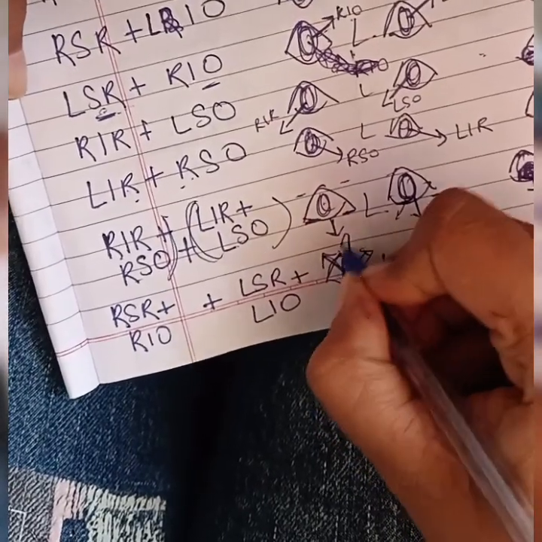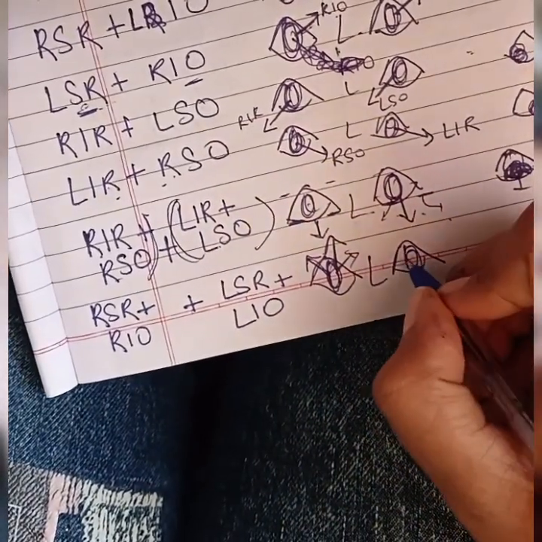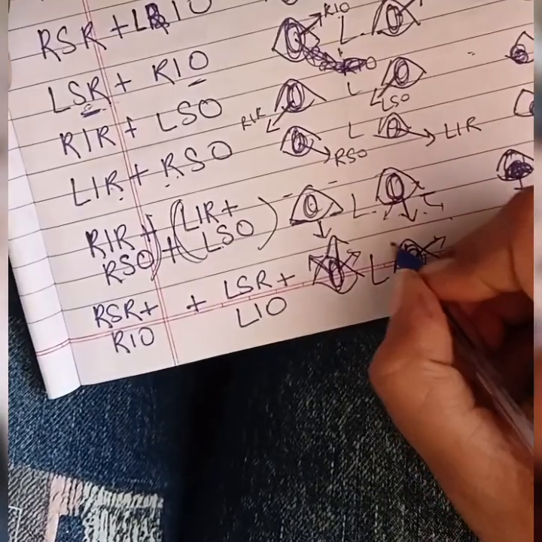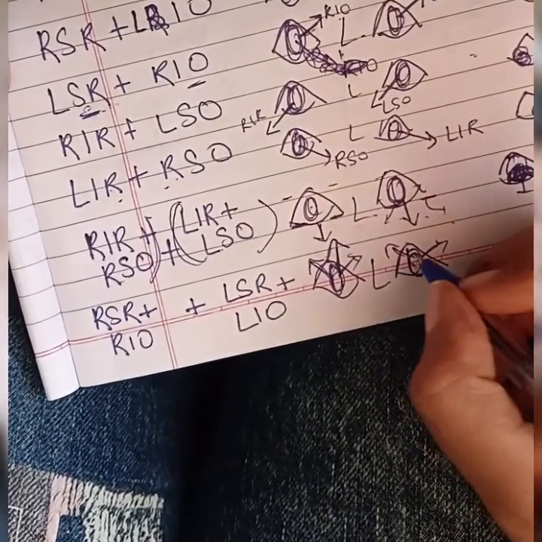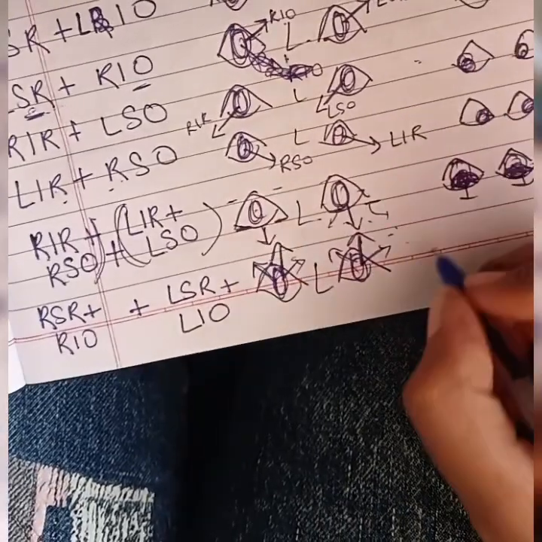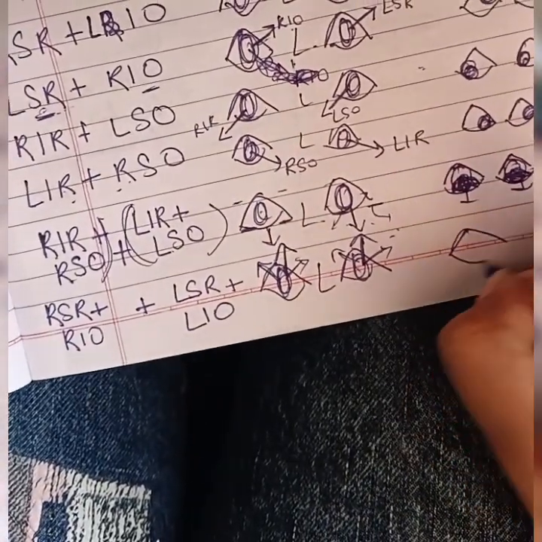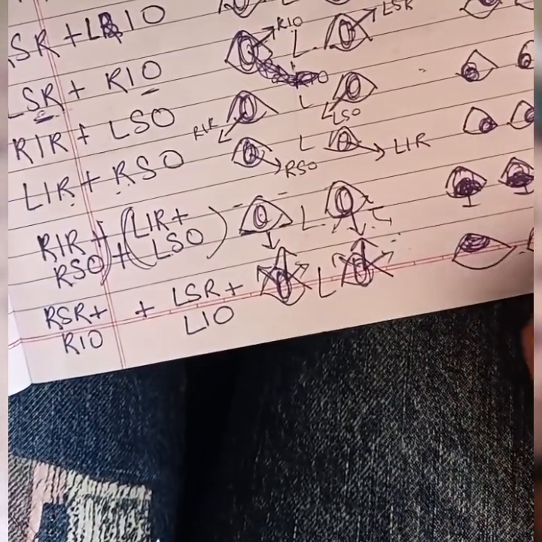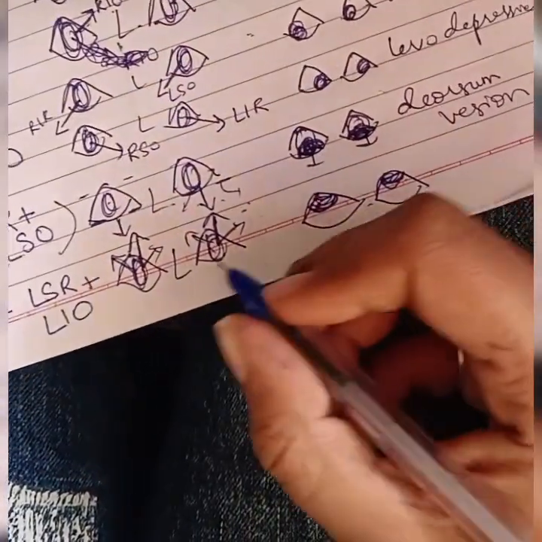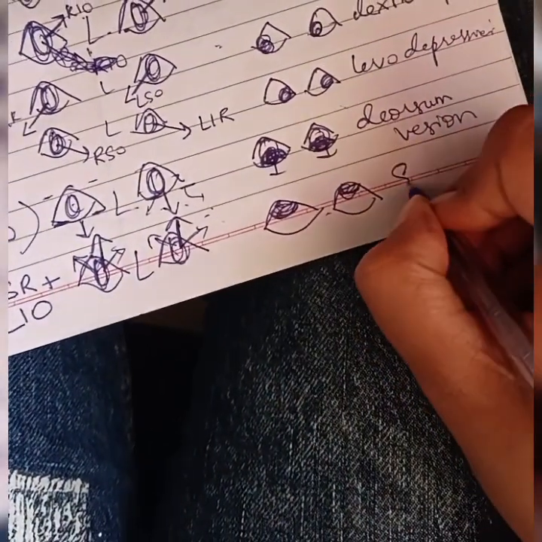Together the clinical action is elevation. Similarly over here left superior rectus, that is abduction and elevation, left inferior oblique, that is adduction and elevation, together elevation. So this would be like this, which is called as sursum virgin.